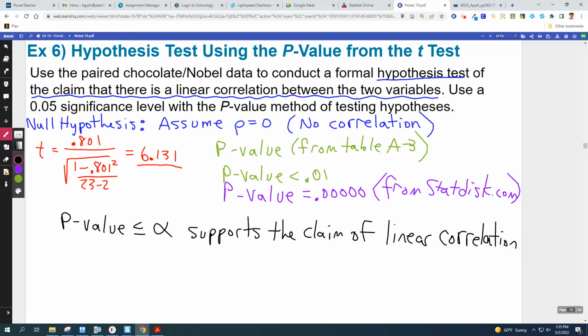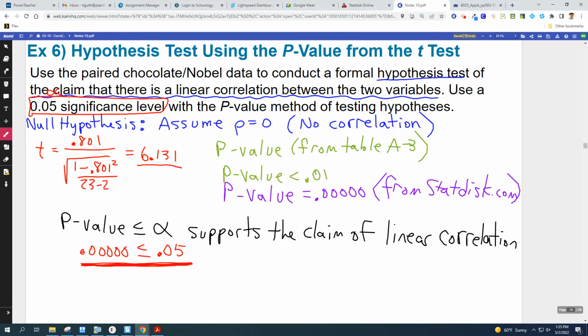So think about what our numbers said. Our p-value was 0.0000, and our alpha was this. This is the significance level. Significance level is alpha. So because 0.000 is less than 0.05, this supports the claim of linear correlation.